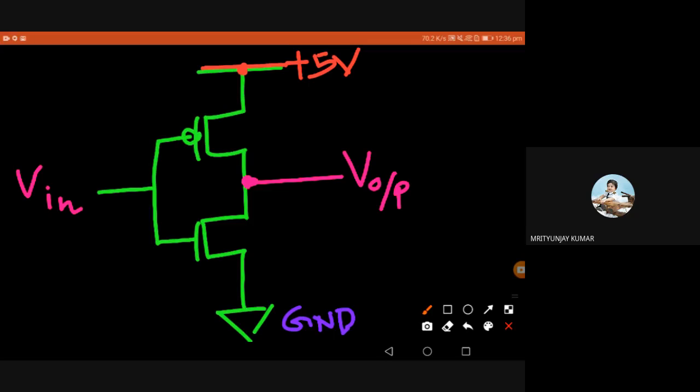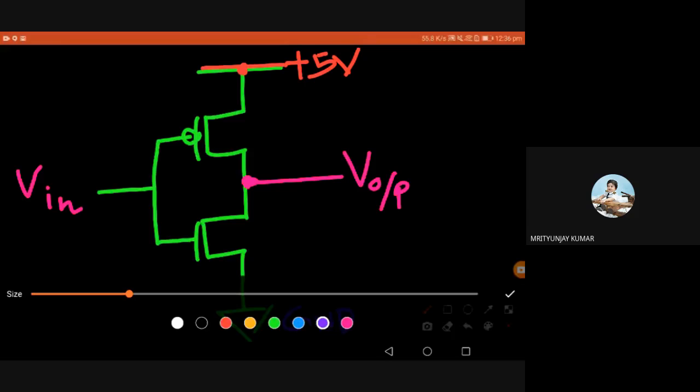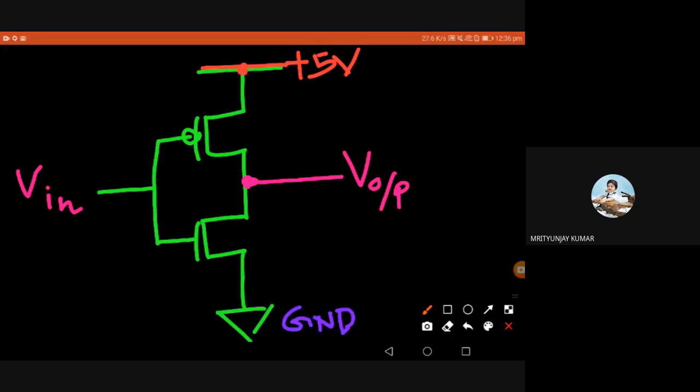One is a PMOS, I'll name it P1. The other is an NMOS, I'll name it N1. I'm connecting them together in a series way, but both inputs are connected to a single point called V in, and both outputs are also going to V output.